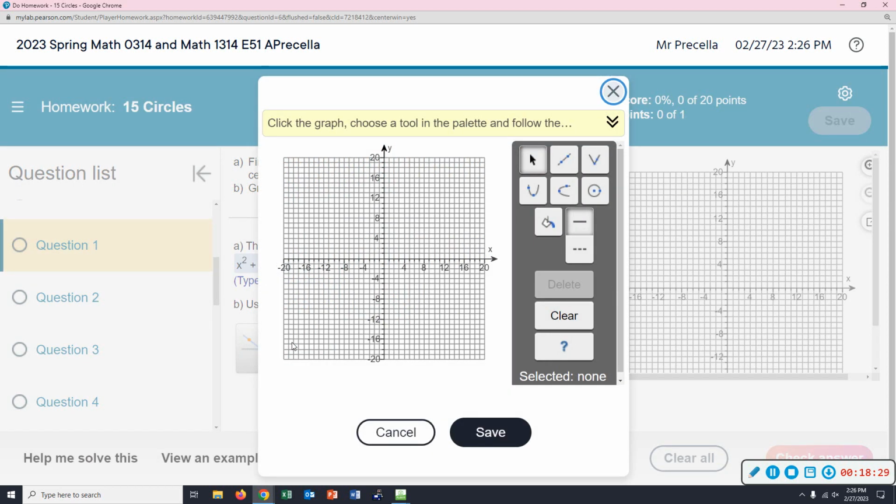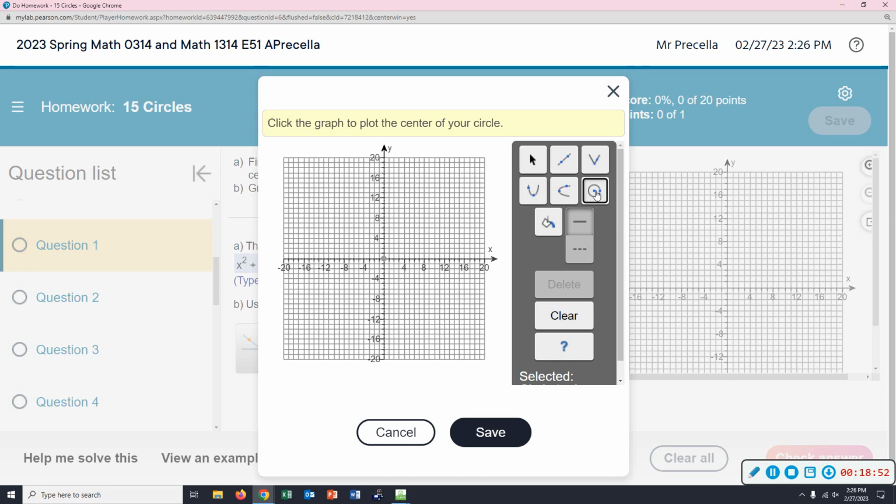And you're graphing a circle, so it's pretty easy to figure out which tool to choose. Yeah, the one that has the circle drawn. It's not a line, it's not a V, which is absolute value. It's a circle. So you click circle. And it says, click the graph to plot the center of the circle.